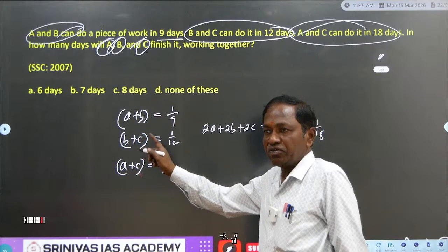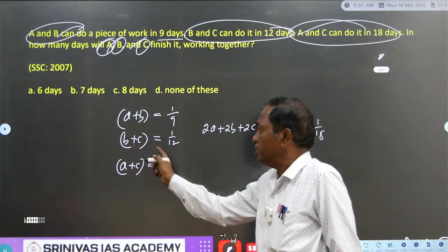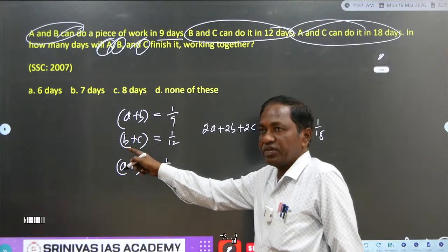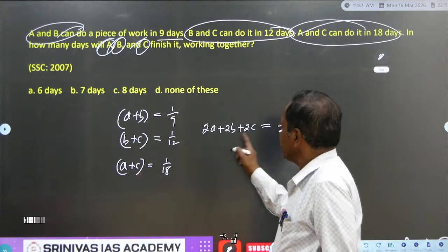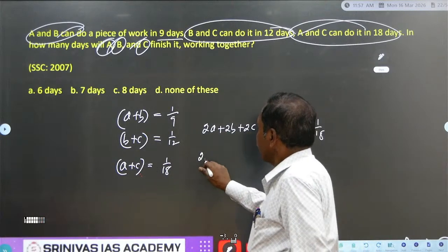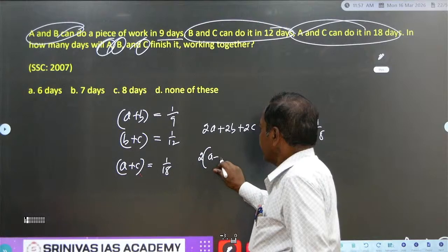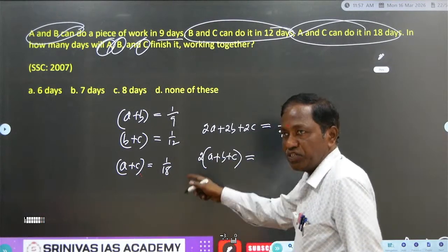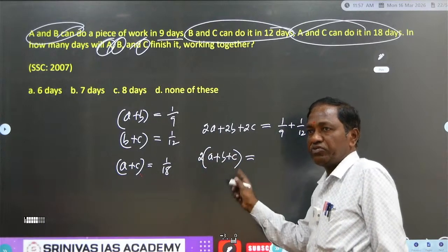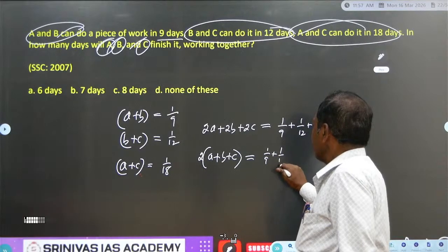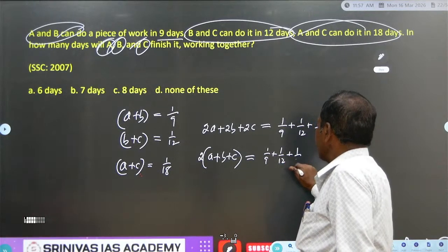Look at the board: A appeared twice, B appeared twice, C appeared twice. It means 2A, 2B, 2C. Now 2 can be taken outside. A plus B plus C is equal to 1 by 2 of 1 by 9 plus 1 by 12 plus 1 by 18.